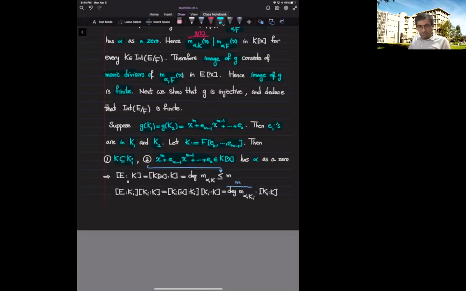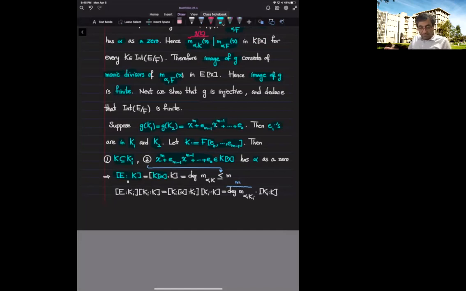Okay, now let's consider the degree of the field extension E over K. Remember, when I add alpha to F, I get the entire field E. Therefore, when I add alpha to a slightly larger field that we call K, still I'm going to get E. So E is nothing but K[alpha]. This statement is true for every intermediate subfield K, so I'm going to use the same statement for K sub i as well.